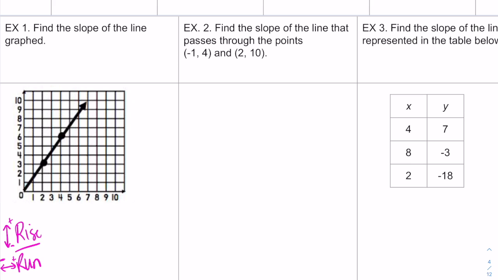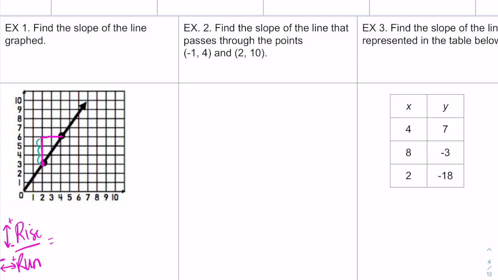So there's that connection. So on this graph, what we want to do is draw a triangle from one point to the next. It's always going to be a right triangle. We call these slope triangles. So I'm going to start at this bottom point and I'm going to go up, and then I need to turn and go to the right to get to that second point. And so when we're finding our rise, we just said we went up, and we need to count how many spots we went up.